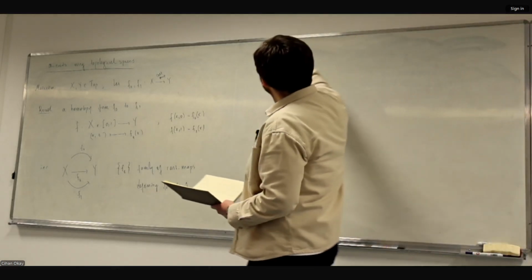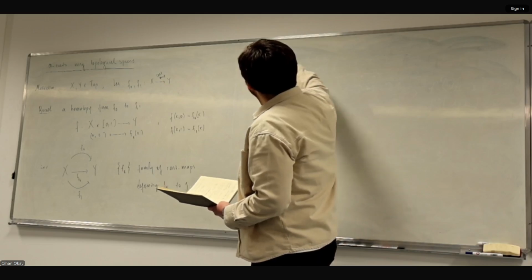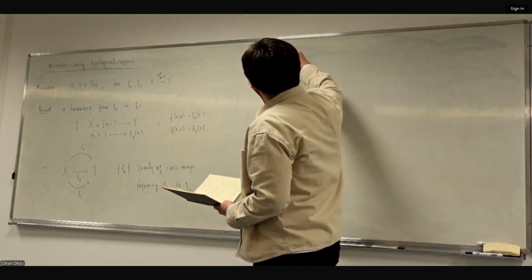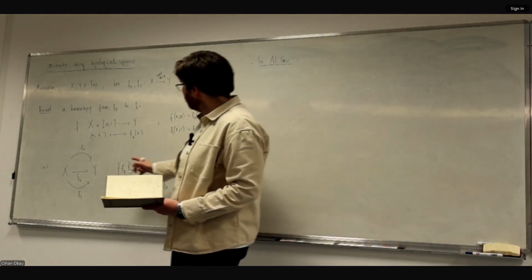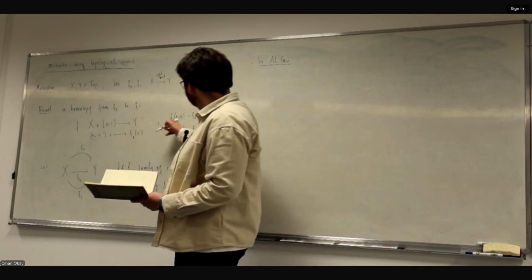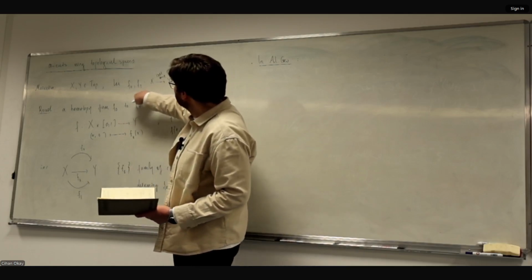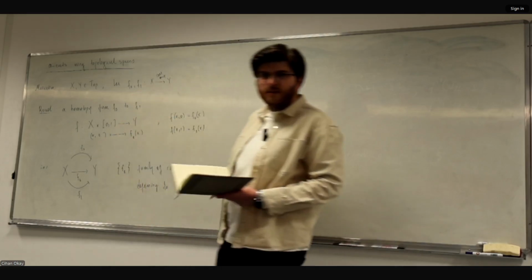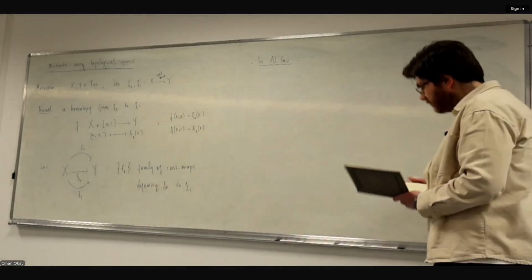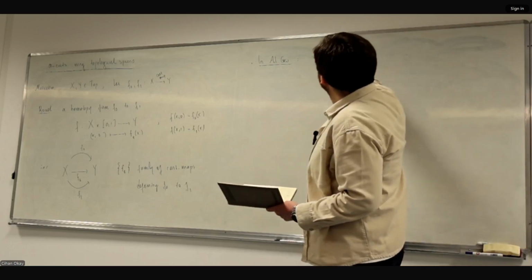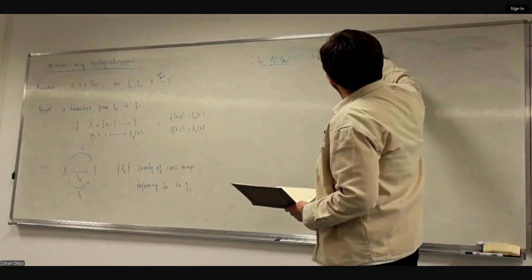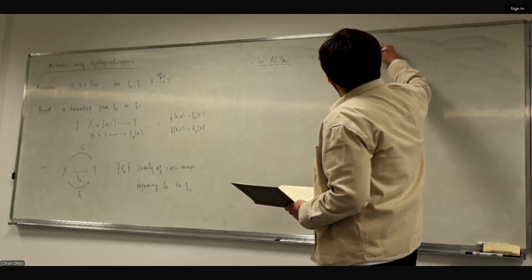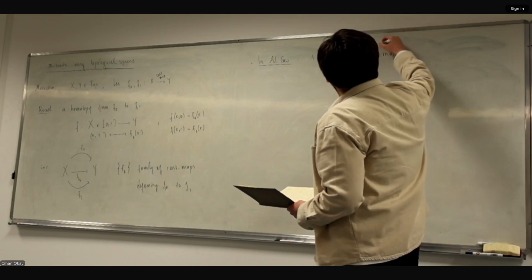Let's make the following observation. In algebraic topology, in general, we define an equivalence relation so that we say two continuous maps are the same if they are homotopic. So in general, we identify homotopic pairs of maps.